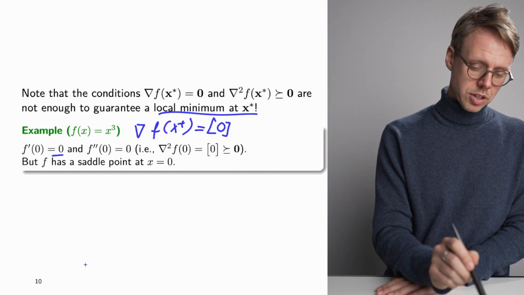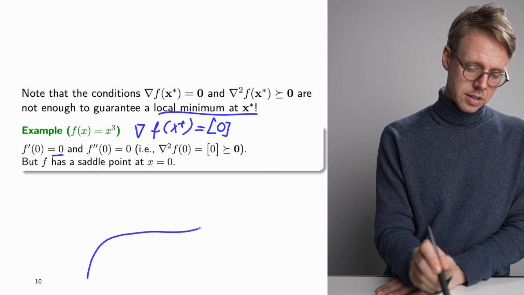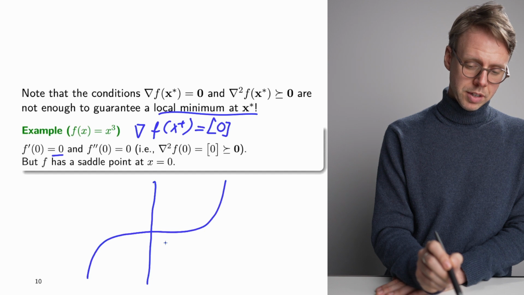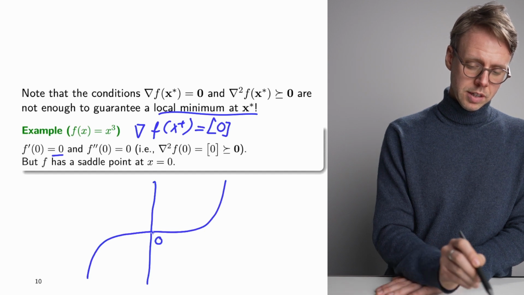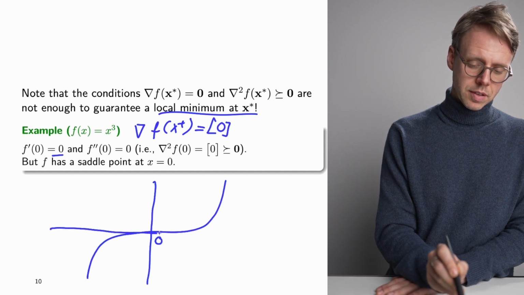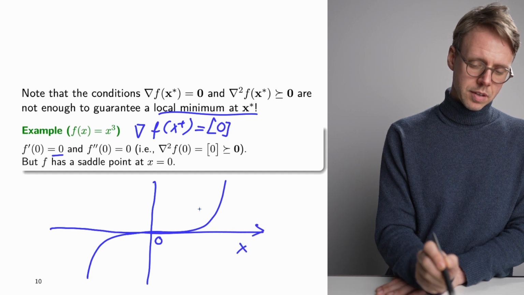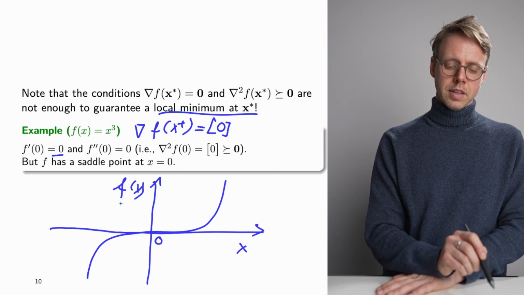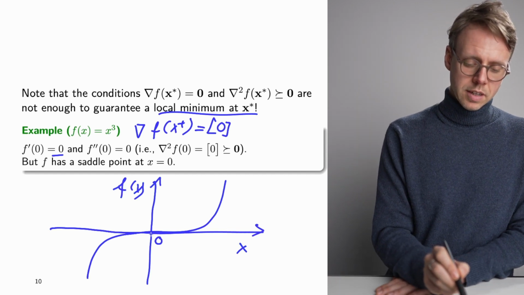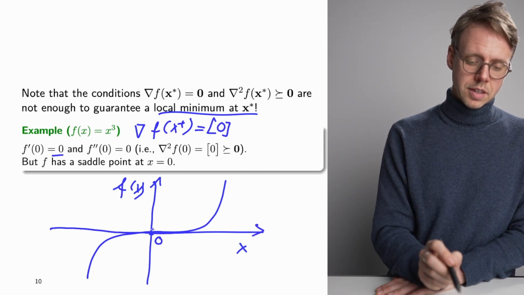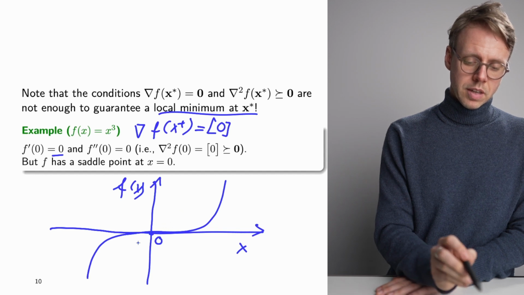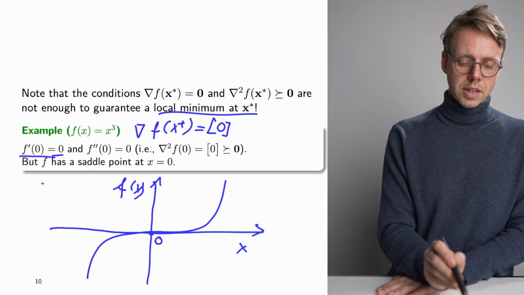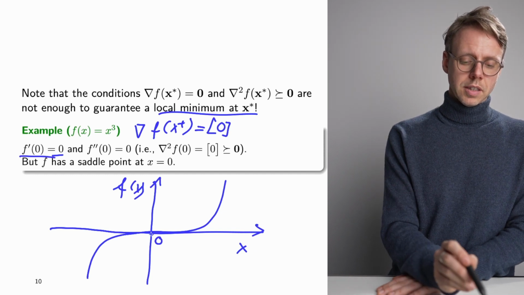Now let's look at the function. Here we have our point 0. And we see that here we have a derivative that's equal to 0, so the gradient is equal to 0 as well.